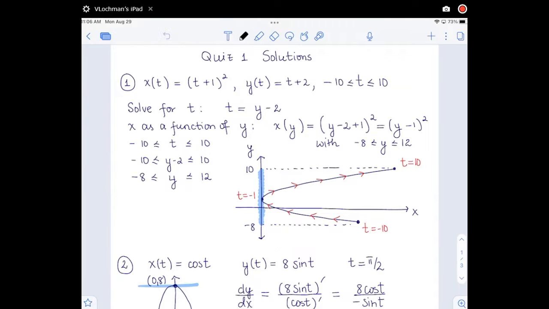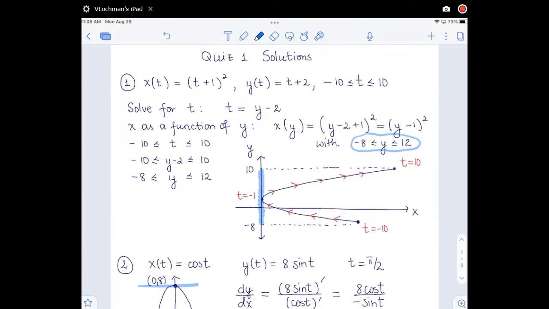But more importantly, when you rewrite your equation in terms of x or y, what some students missed is this inequality right here. Some of you wrote it in a table, which is completely great. If you wrote in a table that y goes from -8 to 12, I just commented to make an explicit inequality, because that's part of your equation.